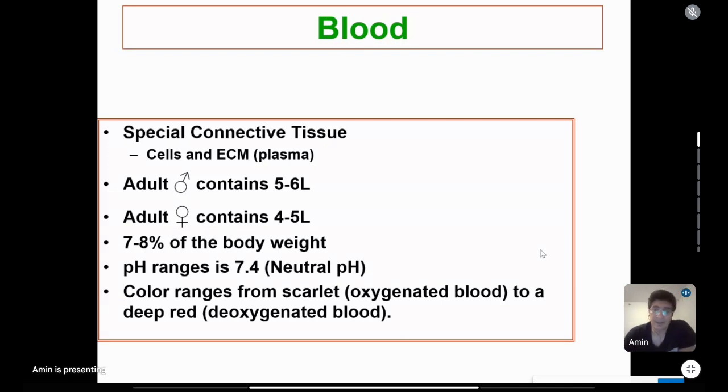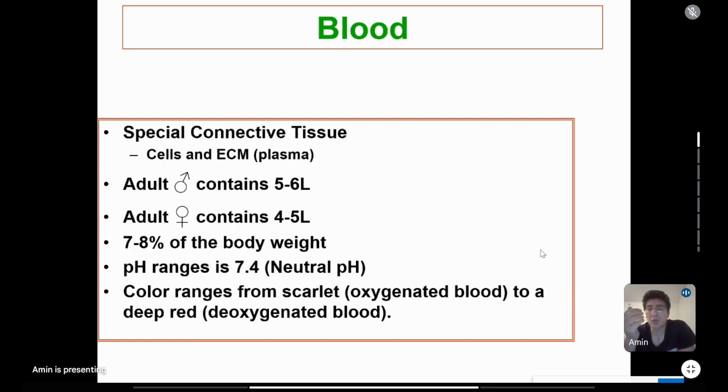As you know, blood tissue is a special connective tissue. It consists of two parts: cells and extracellular matrix, or extracellular fluid, or plasma. The volume of blood in an adult male is about 5 to 6 liters.